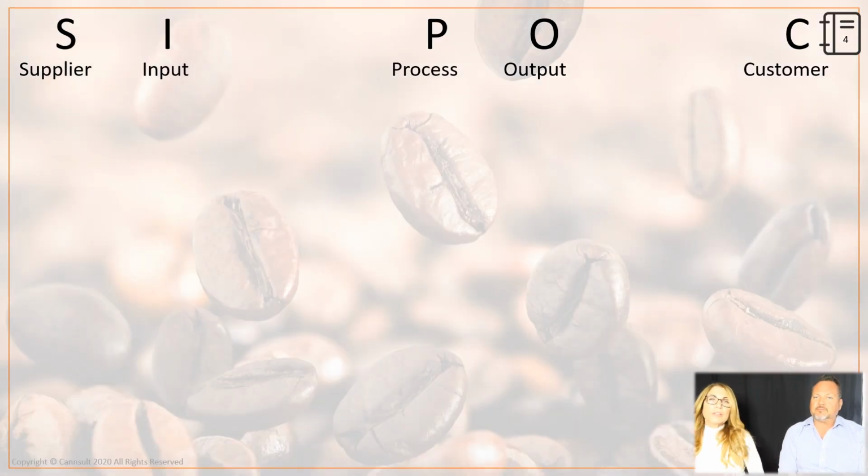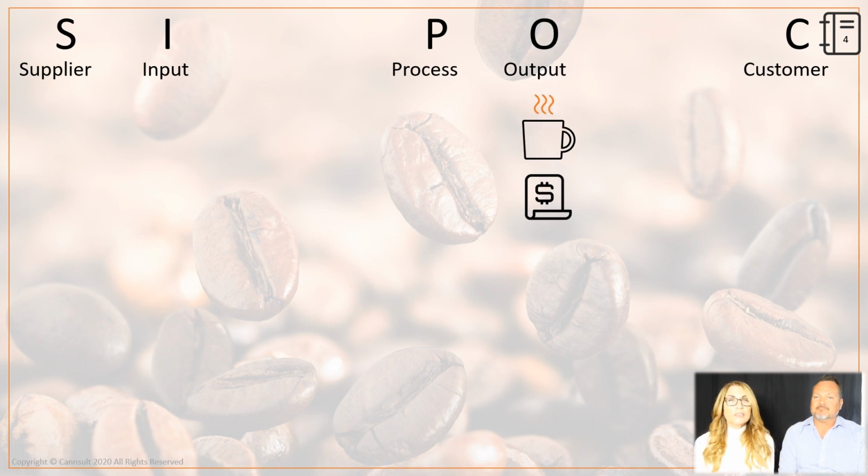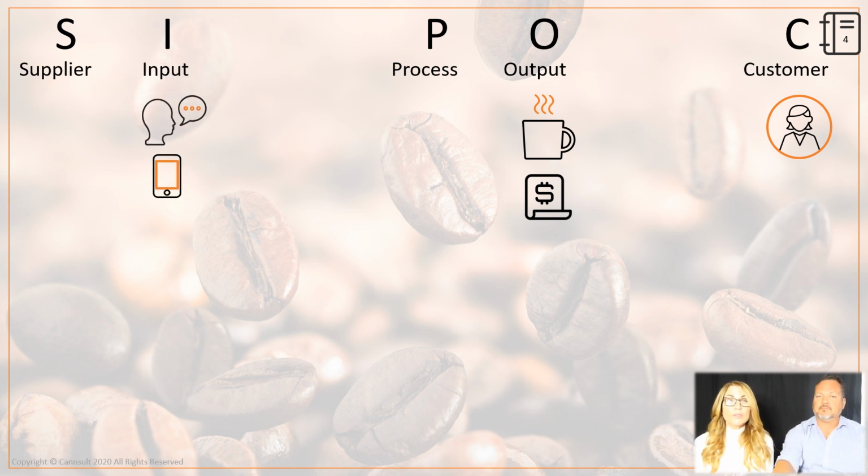Let's add a little more complexity now with a cup of coffee example where we have multiple inputs and multiple outputs. The team identifies that the process ends when we have delivered a cup of coffee and an invoice to the customer who ordered the drink. The process starts when we have received an order, in person or using our app, from the coffee drinker.